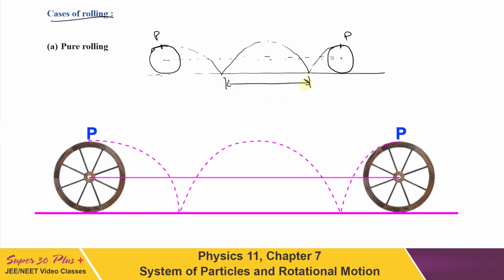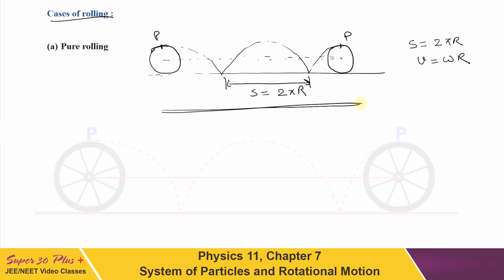Distance between these two has to be equal, because these 2 points constitute one full rotation. So between these 2 points S has to be equal to 2 pi r. And if it is pure rolling, we can write motion of center of mass has to be equal to 2 pi r for one full rotation, and velocity of center of mass can be written as omega r. This is the condition for pure rolling.